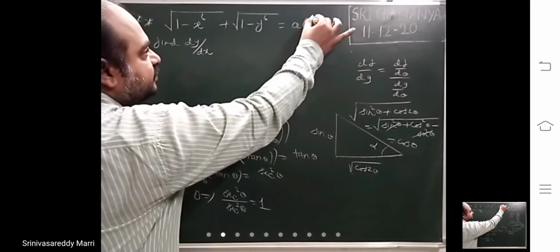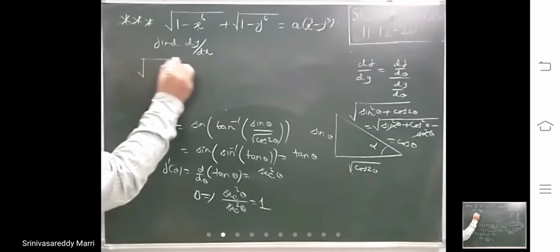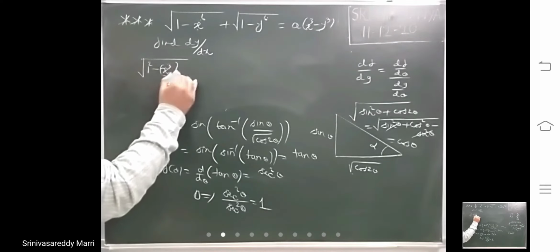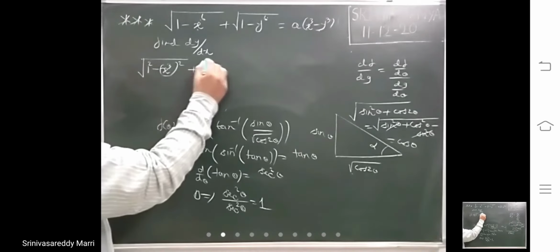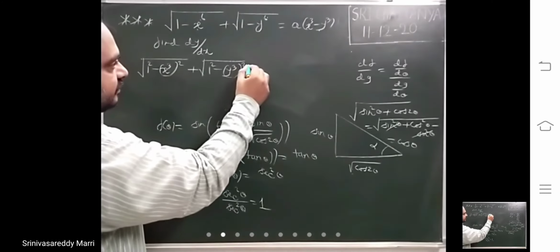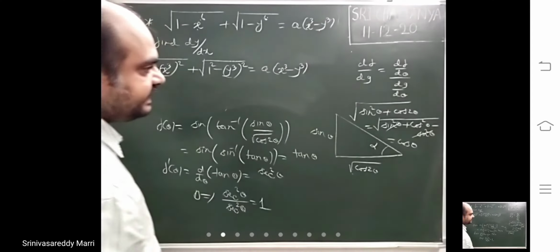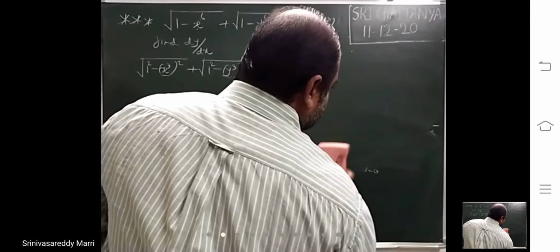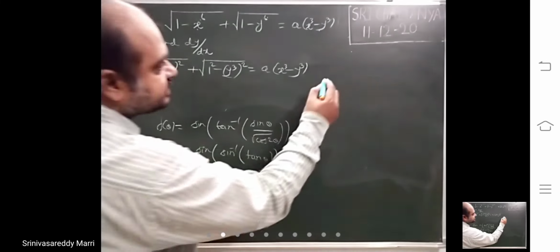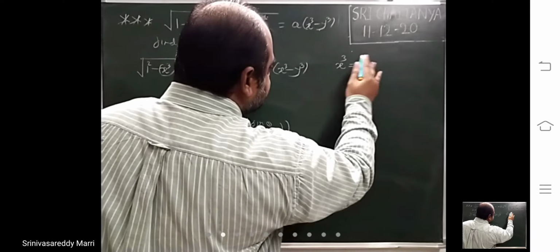Look, for these types of models we will prefer substitution. Here x cube is there, here x power 6 is there, here y cube is there, y power 6 is there. How we will proceed is, I will write this as root of 1 square minus x cube whole square plus root of 1 square minus y cube whole square equal to a into x cube minus y cube. Now I have told, if root of a square minus x square is there, substitution is x equal to a sin theta or a cos theta. a is 1 here.